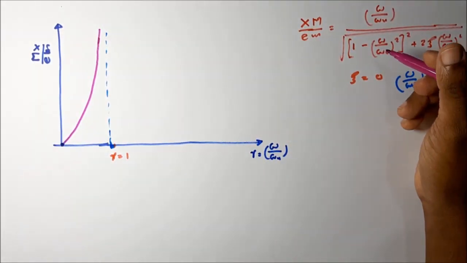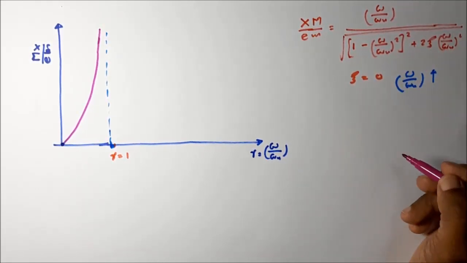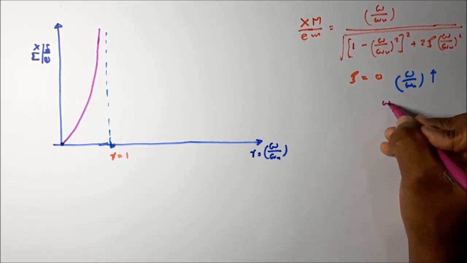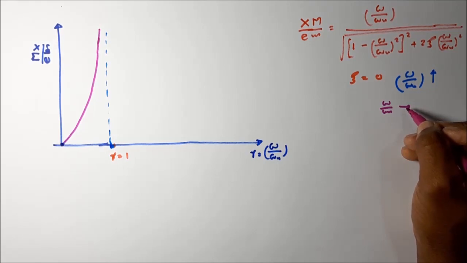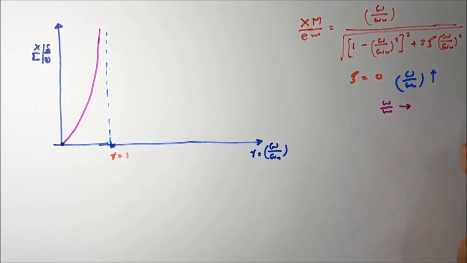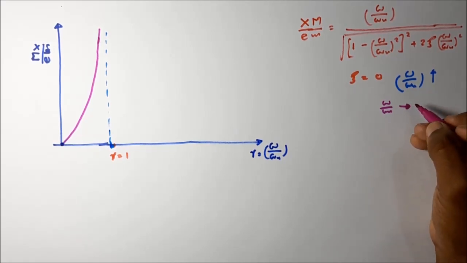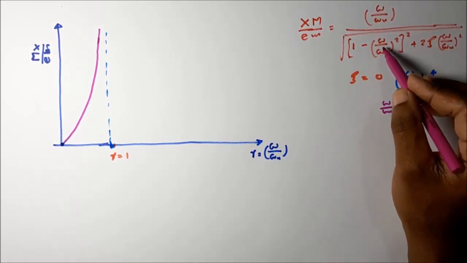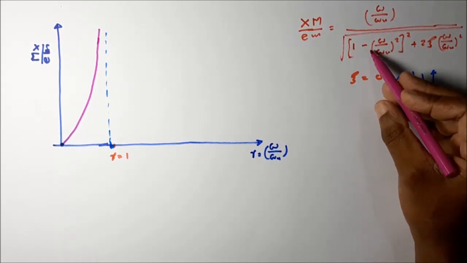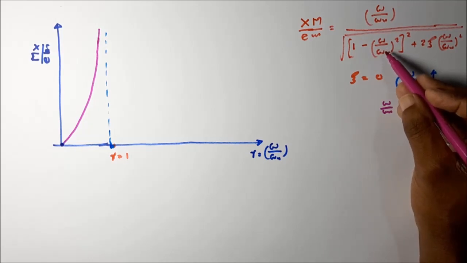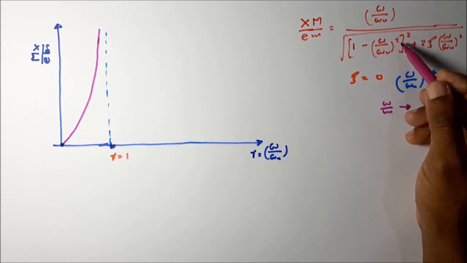Okay, vertical asymptote. Then what happens when the omega divided by omega n increases from 1? When it is just beyond the 1, it is also starting from the infinity. Then what happens when it increases?